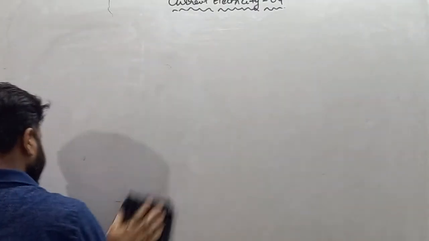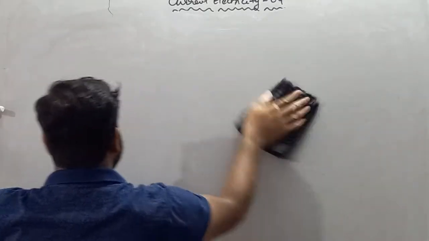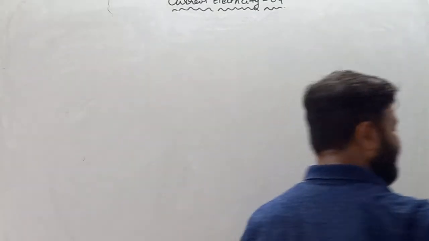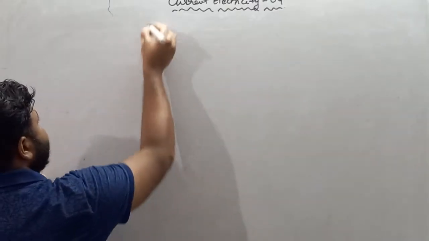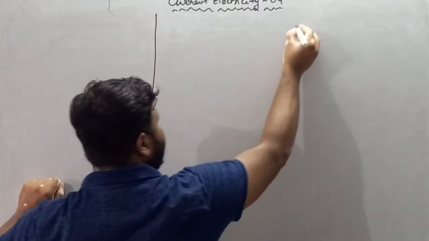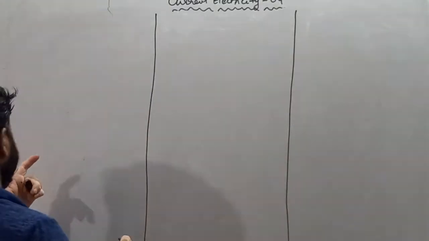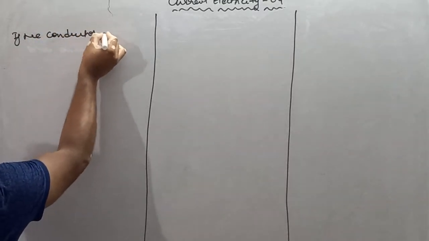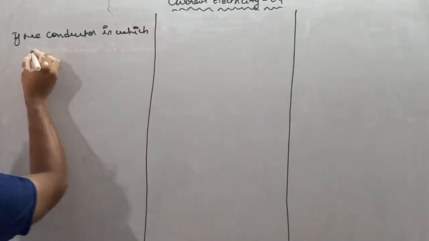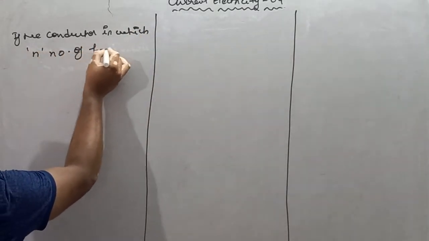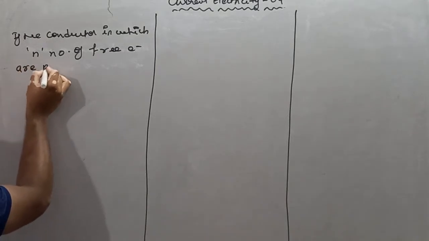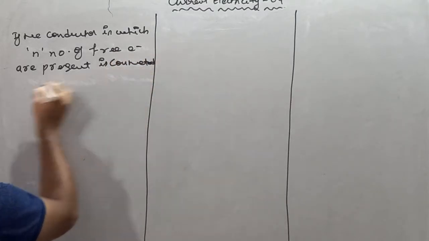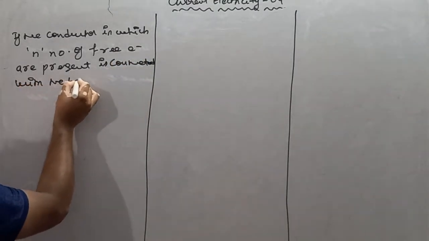So write down: if the conductor in which n number of free electrons are present is connected with the battery.